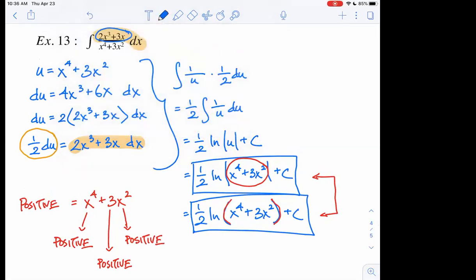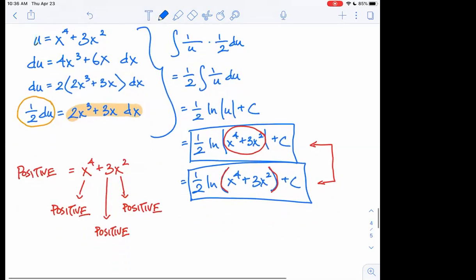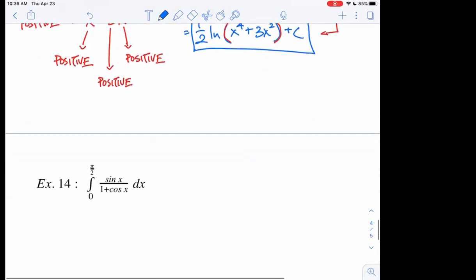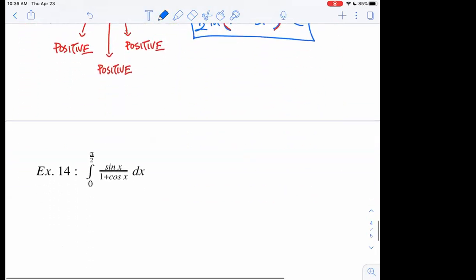All right, so our last 2 examples before we go on a break will be definite integral questions that involve natural log. So let's take a look at example number 14. If I were to look at this, I would say that I want my u to be the thing on the bottom.